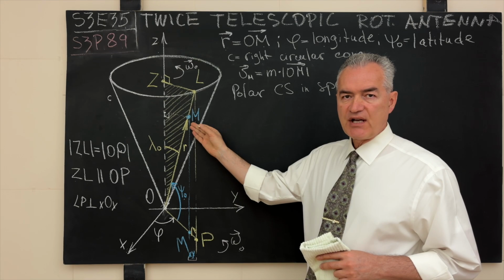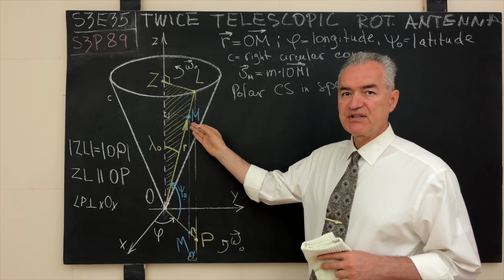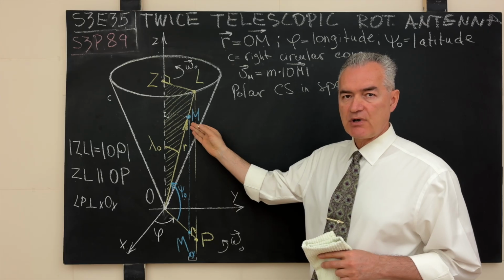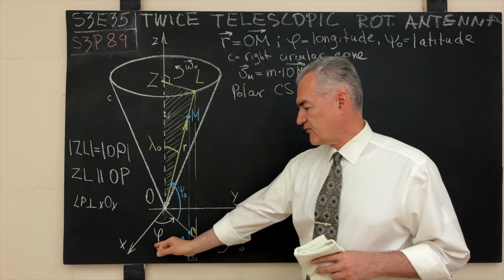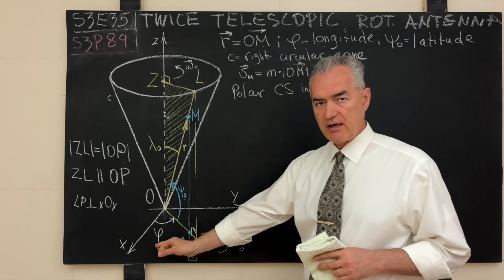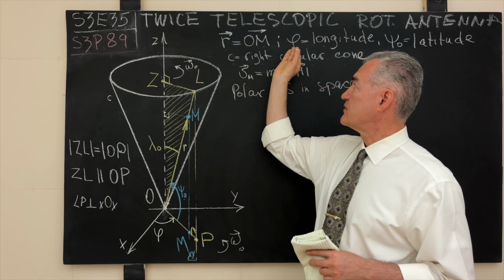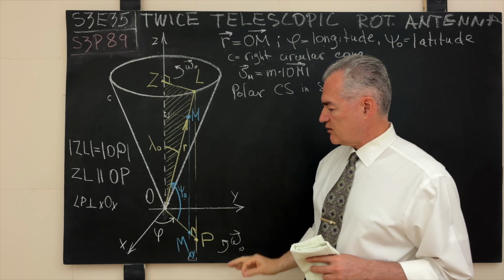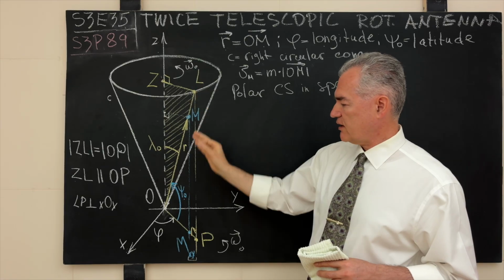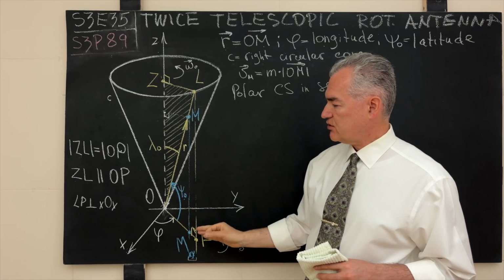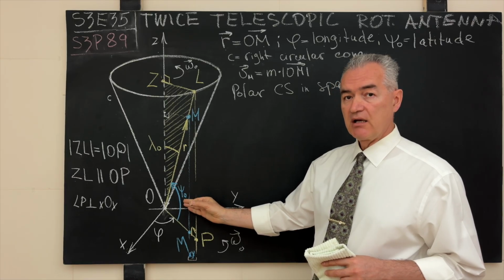We now understand that as our point executes its motion, as I explained earlier, its position in space can be completely described with the following three numbers. The dihedral angle, to which we will refer as the longitude of the point M, phi, the radius vector OM, the dihedral angle theta, and the angle between the moving straight line OP and the moving straight line OL, to which we will refer as latitude, and we will denote this latitude by the letter psi 0.